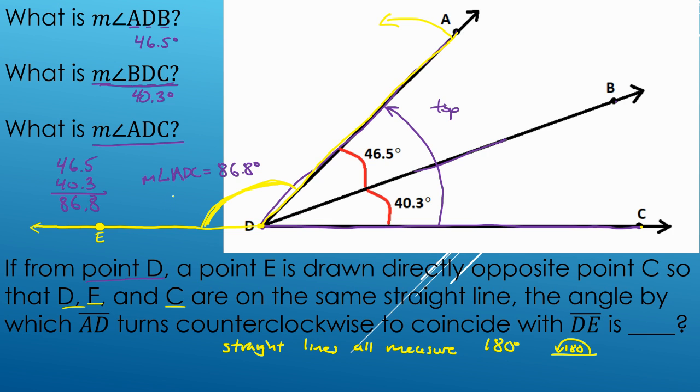If we subtract out 46.5 and subtract out 40.3, that will give us the remaining section here, the angle ADE. Try that. 180 minus 86.8, that's the sum of those two smaller ones inside there, right?